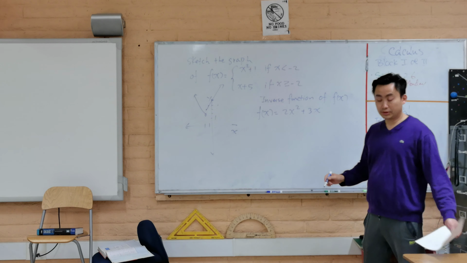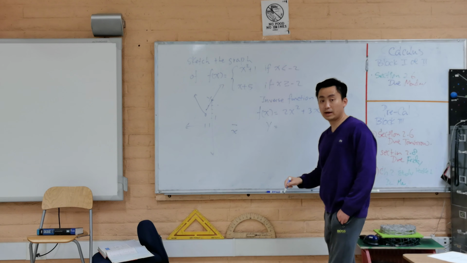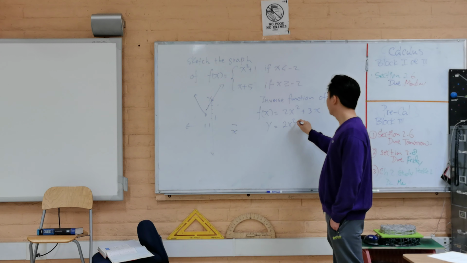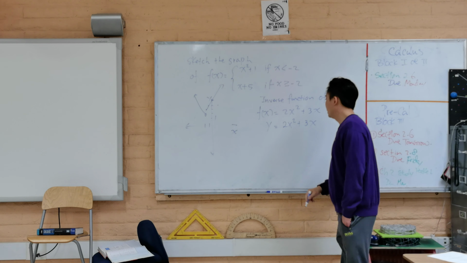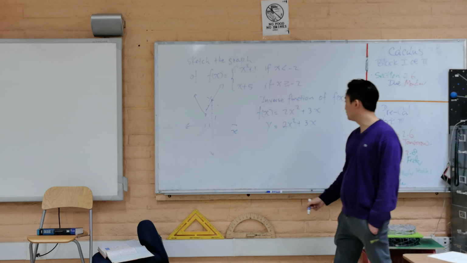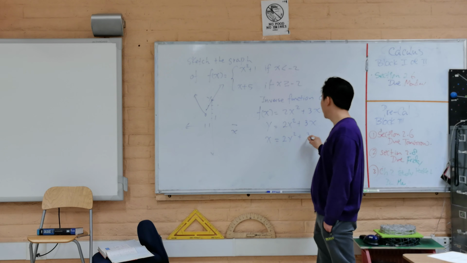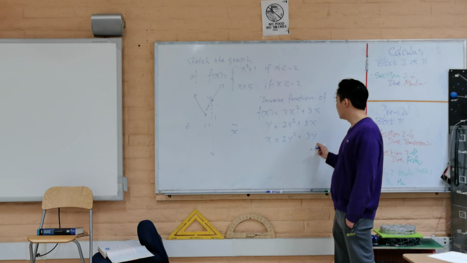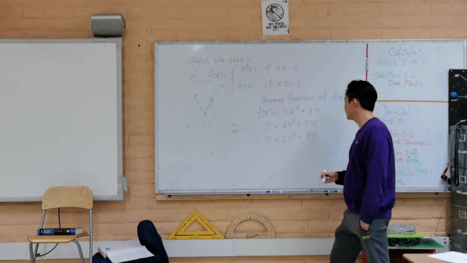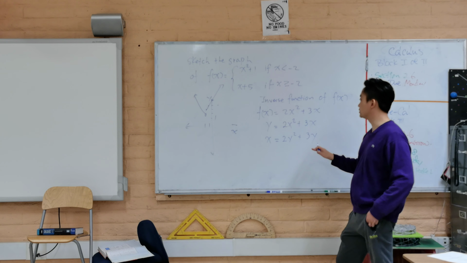First, rewrite f of x as y: y equals 2x squared plus 3x. Next, switch the x and y variables: x equals 2y squared plus 3y. Now you want to solve for y in terms of x. This one would be a little difficult, because you need to complete the square.